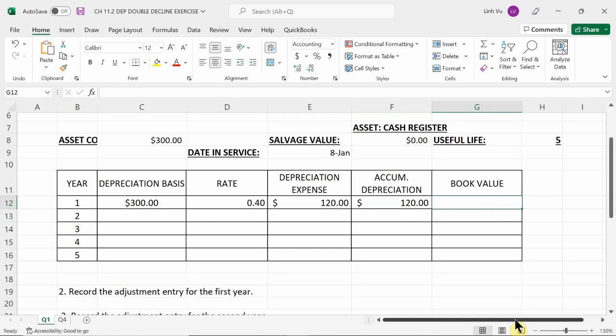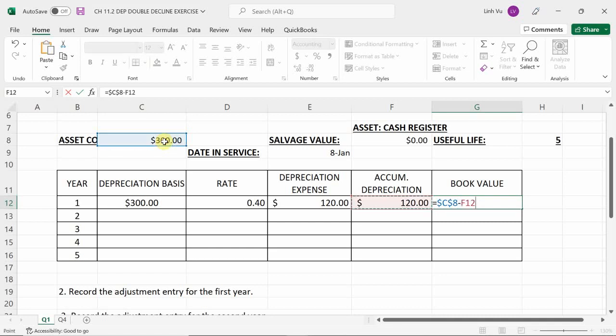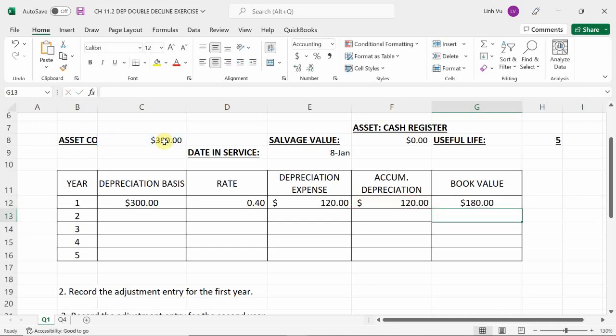So, in this case, my book value is going to be my asset cost minus my accumulated depreciation, which gives me $180. Okay? Because if I started at $300 and I used $120 of it, how much should I actually have left? 180. Okay? So, let's solve for the second one.